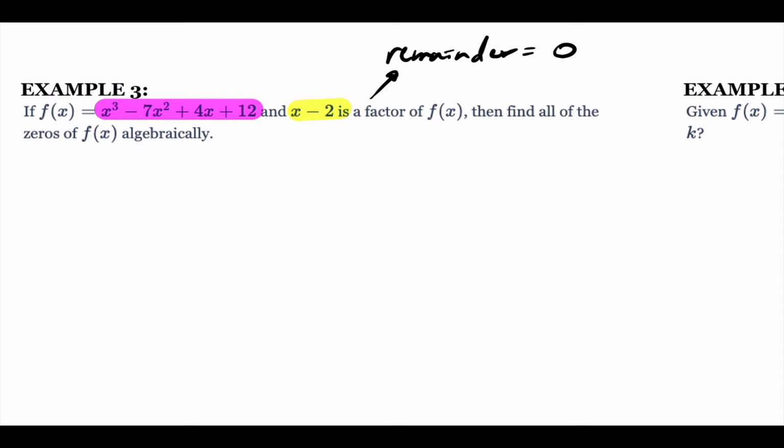One starts with an R, one starts with an S, one starts with an X. Roots, solutions, x-intercepts, that's what we're looking for, right? This is just another way of saying solve. So we're going to solve using synthetic division, okay? So let's set up synthetic division.